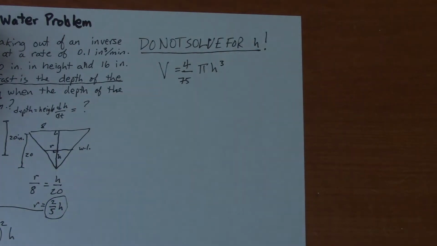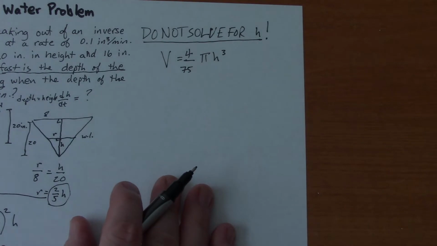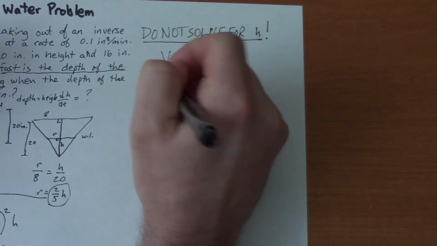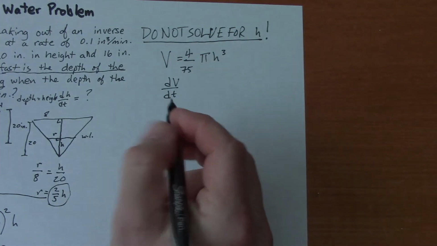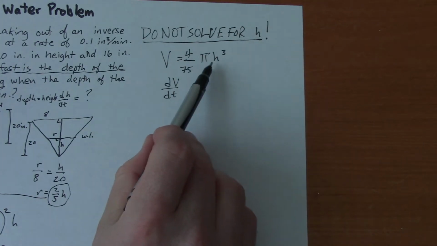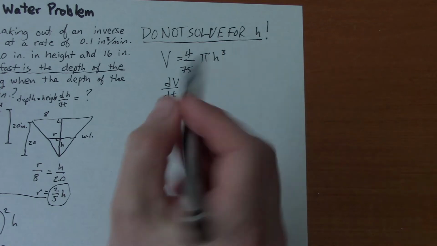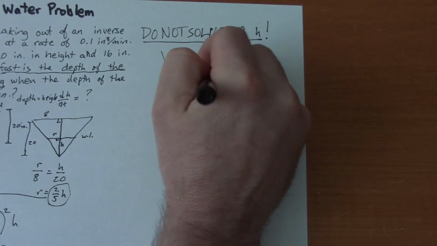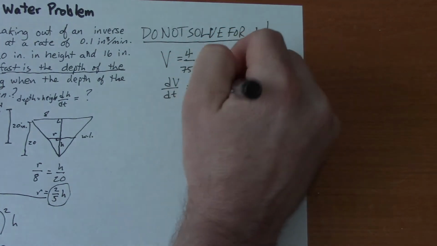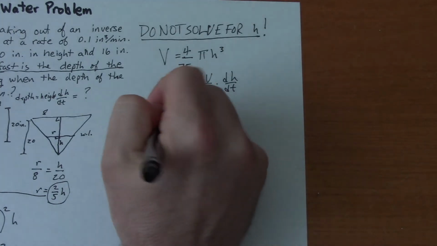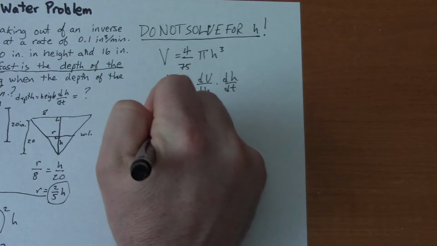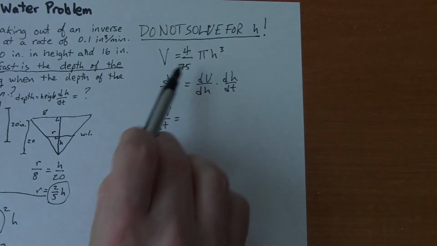All right, so we're going to take a derivative, and we're just going to remember this is a related rates question. So what we're trying to do is relate dV/dt to what variable its volume is related to, which is h. So the dV/dt is dV/dh times dH/dt. So we just need to calculate this stuff. So dV/dt, our first calculation is derivative.